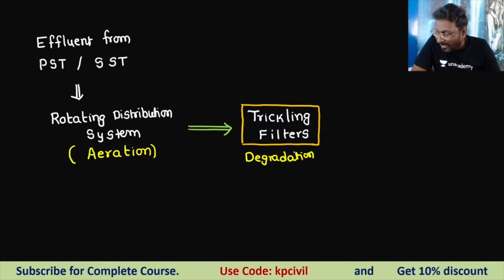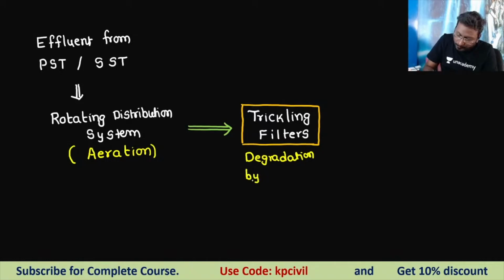A swing in a park is the model of the aeration system provided. Understand? The same model of aeration system we are employing in the trickling filter.